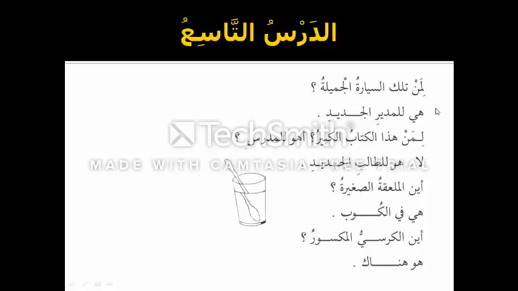Declined means the last sign on the last letter of the noun can either change or always stays the same. If it always stays the same, we call it mebni.